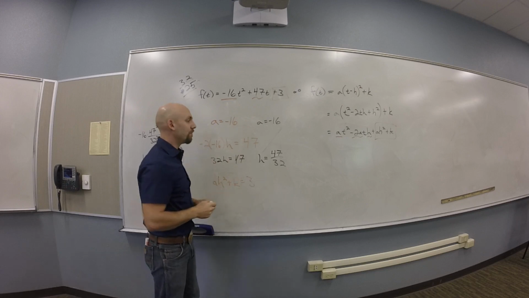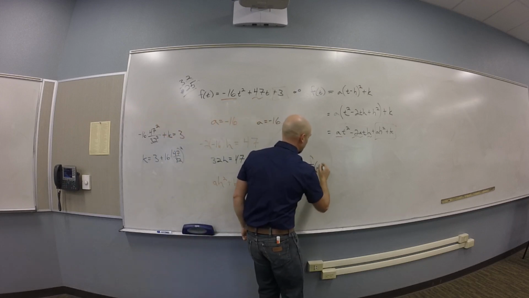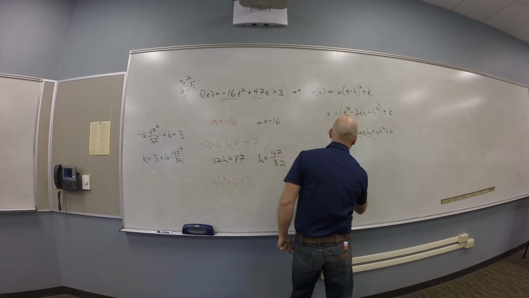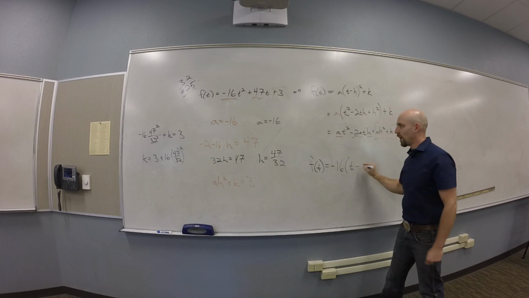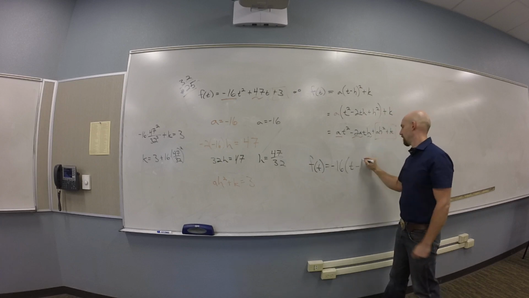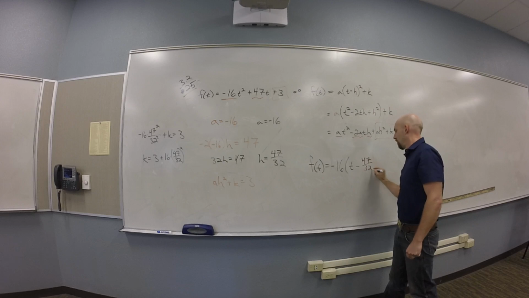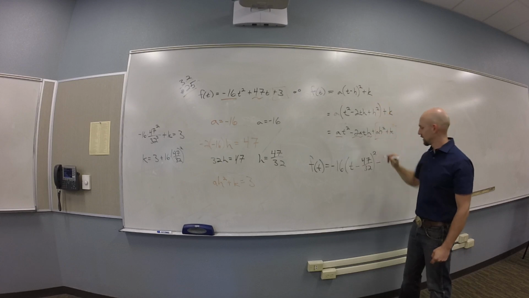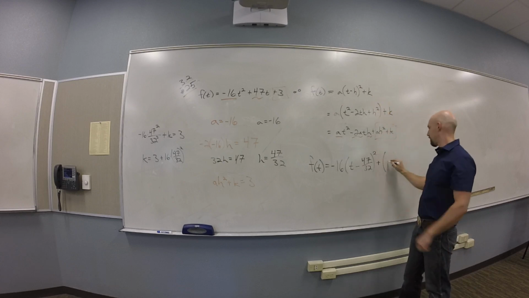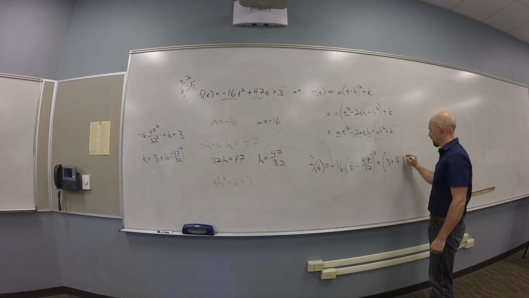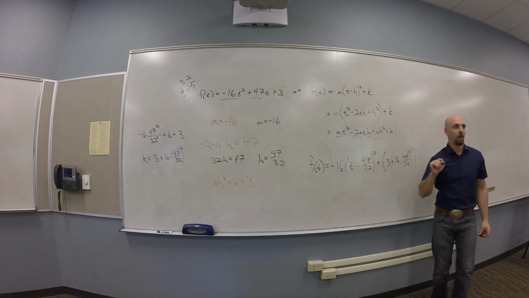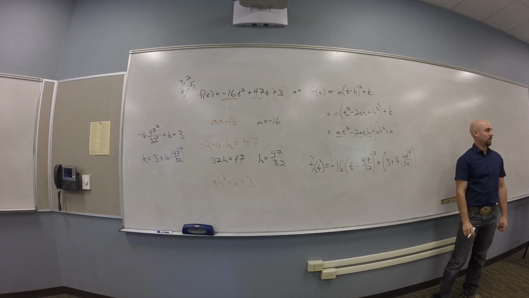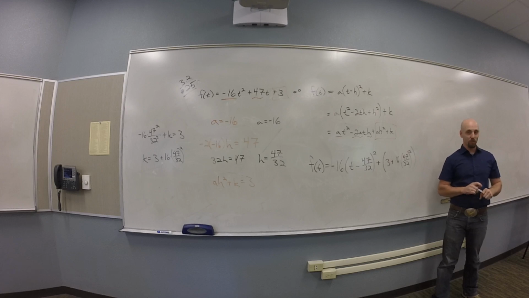Once you've found them all, f of t equals negative 16 times t minus 47 over 32 squared, plus 3 plus 16 times 47 over 32 squared. It turns out that this is exactly the same thing you would get out of completing the square.